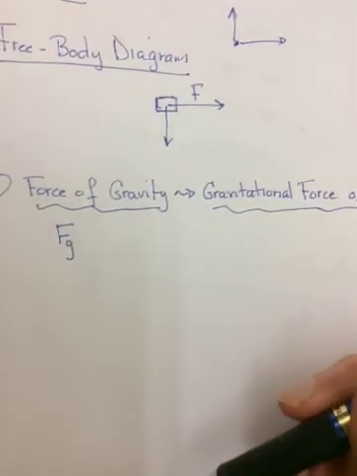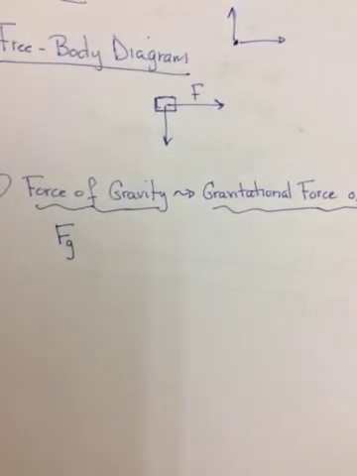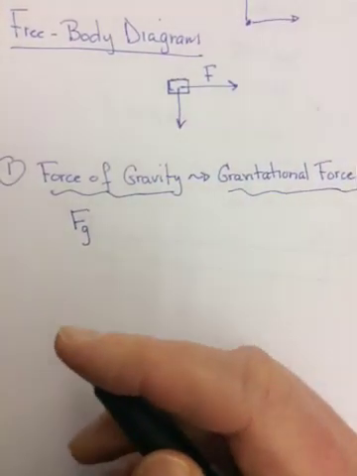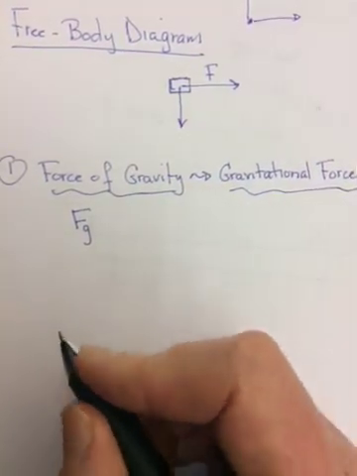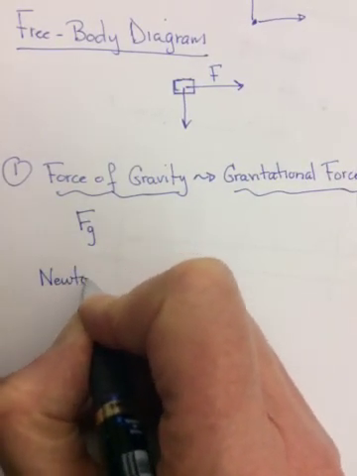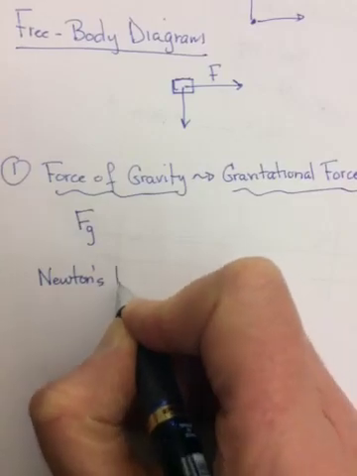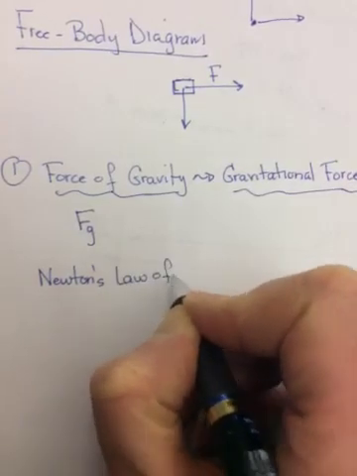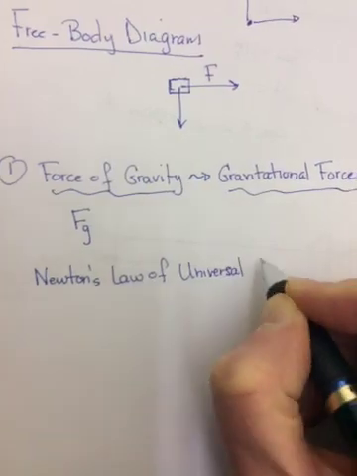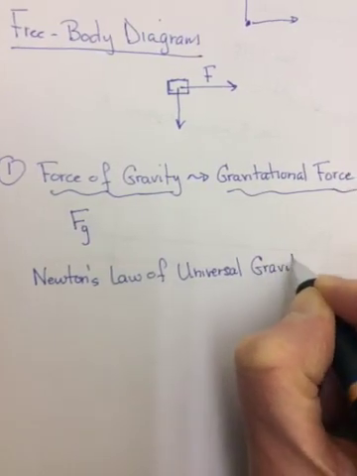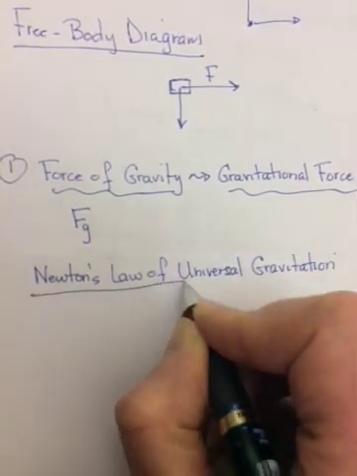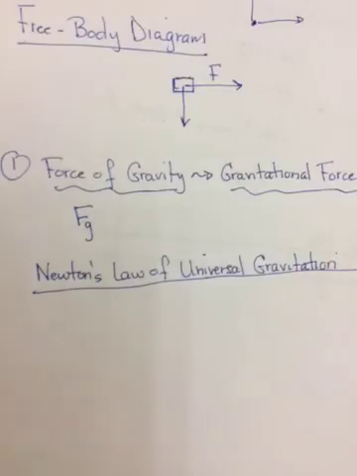And thanks to Sir Isaac Newton, we actually know now more clearly what gravity is. He developed something called Newton's law of universal gravitation. Okay, and there's several things in it that are really cool.